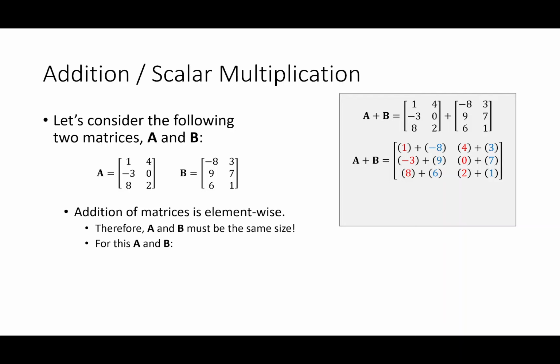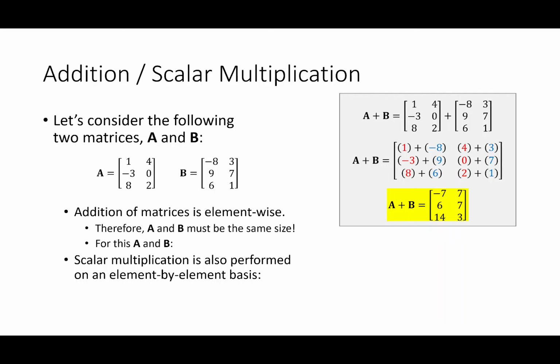This is definitely something you could do in Excel with no problem, right? Everybody okay with that? So if I wanted to add matrices A and B, I would get -7, 7, 6, 7, 14, 3. You see what I'm doing? Just adding up term by term. And then scalar multiplication would just be done on an element by element basis.